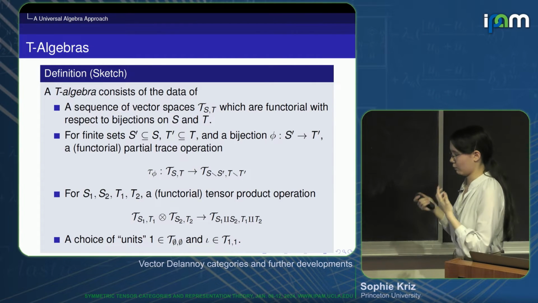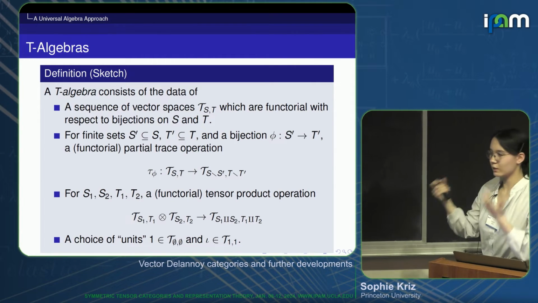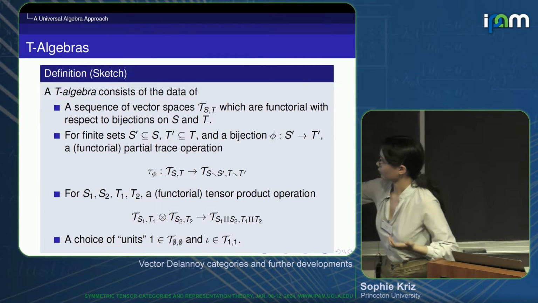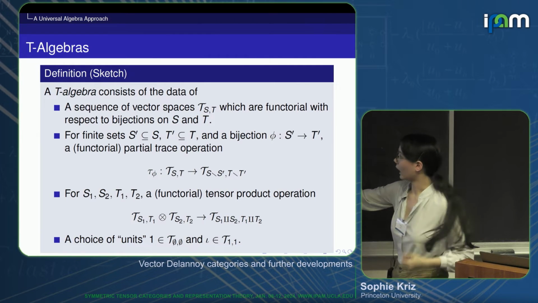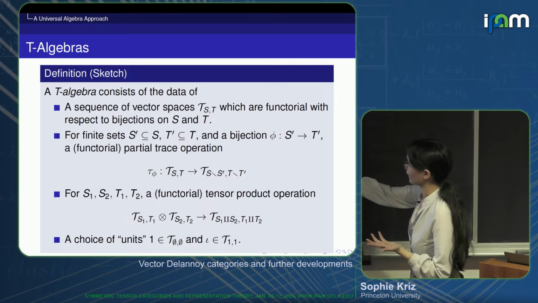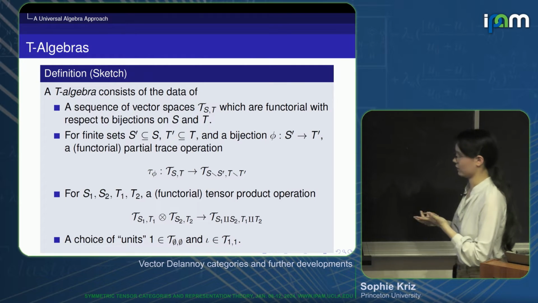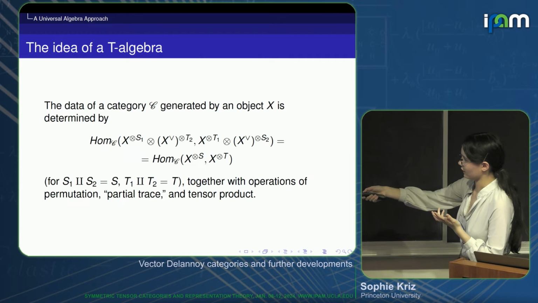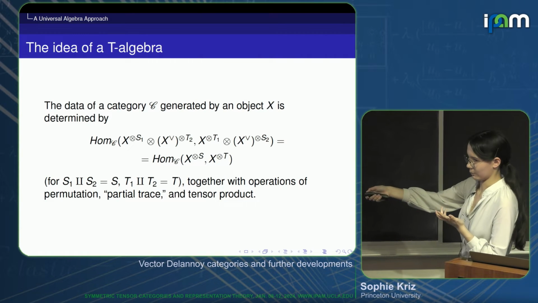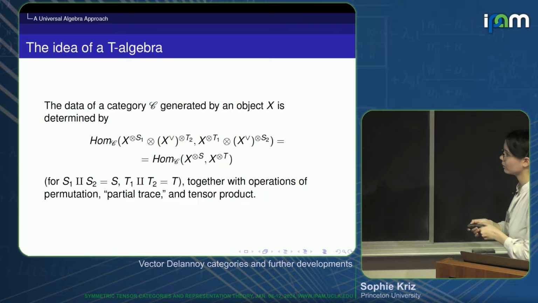So a sketch of how we can formalize this data is by considering vector spaces T_{S,T}, corresponding to finite sets S and T, which are functorial with respect to S and T in an appropriate way. So we want T_{S,T} to model this Hom from X tensor to the S to X tensor to the T.